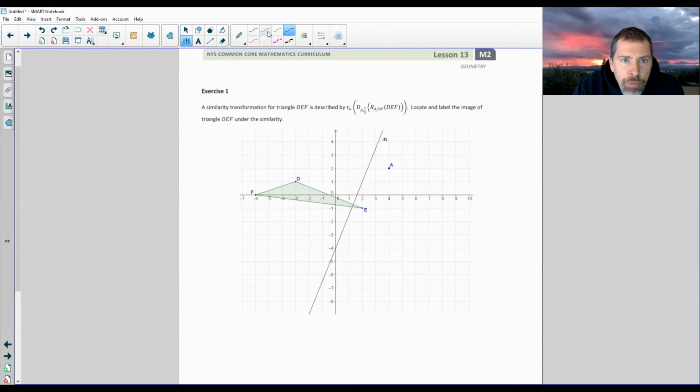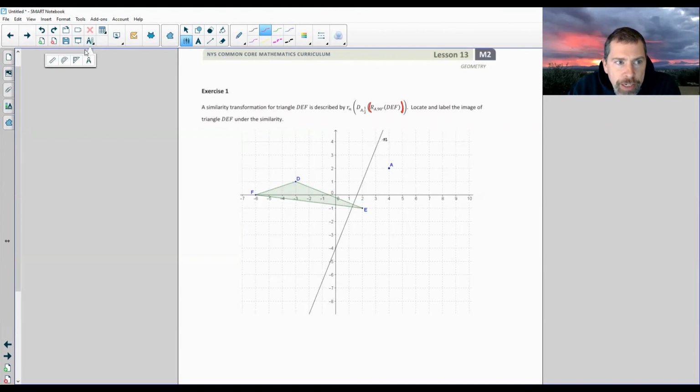Now remember, when we're doing these, it's like fighting our way out of a wet paper sack. We have to work from the inside out. Alrighty, so first thing we're going to do is rotate 90 degrees about A, triangle DEF. 90 degrees is counterclockwise this way.